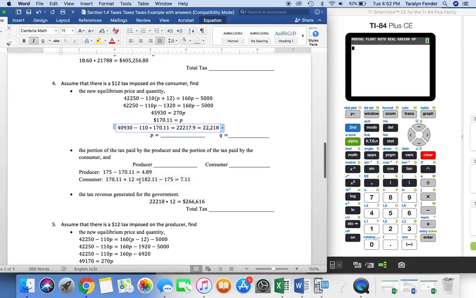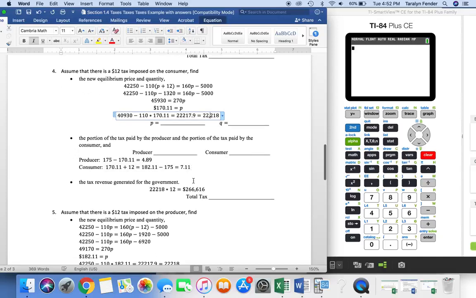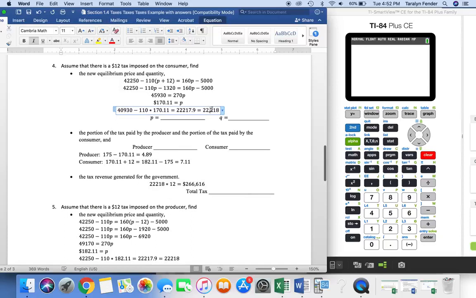The consumer is going to now pay $182.11, which is $12 above the $170.11, the equilibrium price, minus the $175 for the original equilibrium price, so the consumer is paying $7.11 of the $12. So we multiply the quantity, 22,218 times $12, the set $12 tax, and we get $266,616.